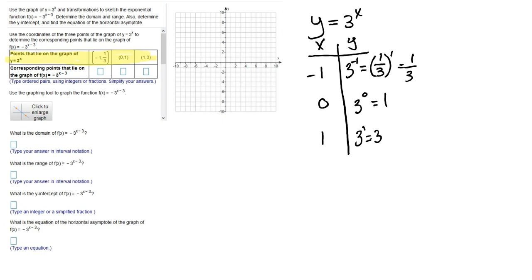So that's how they got those values, by substituting them into the equation 3 to the x. So let's see what that picture looks like. So we have 0, 1, 1, 3, and -1 and a third. So we're getting this picture right here.